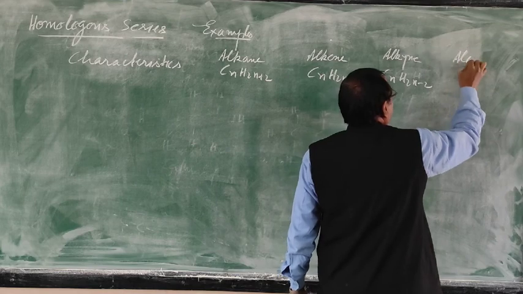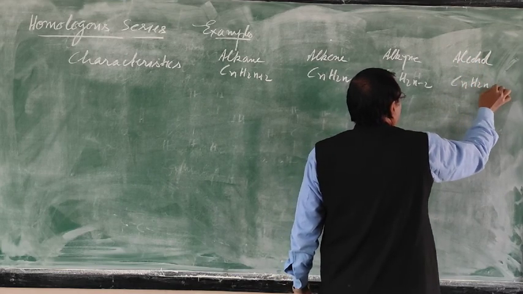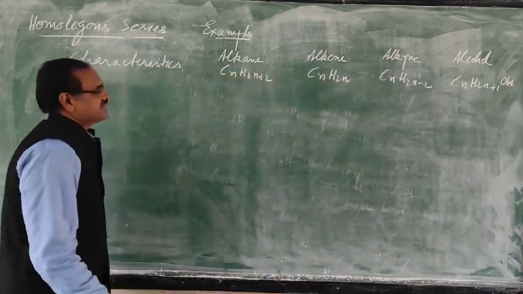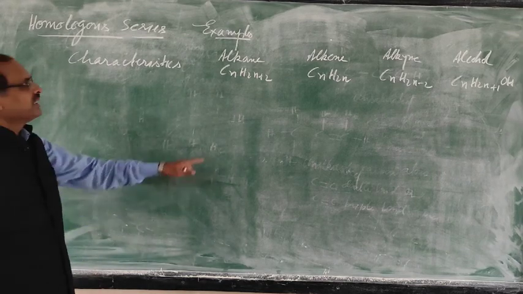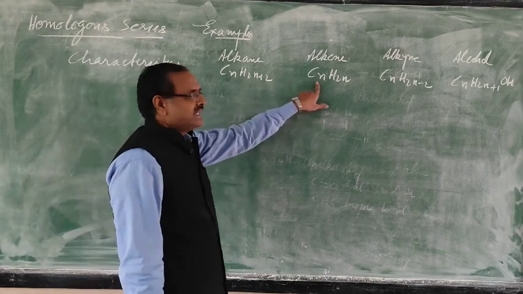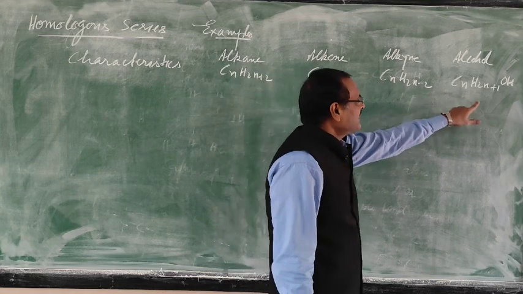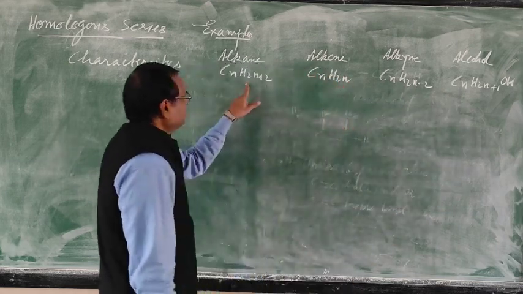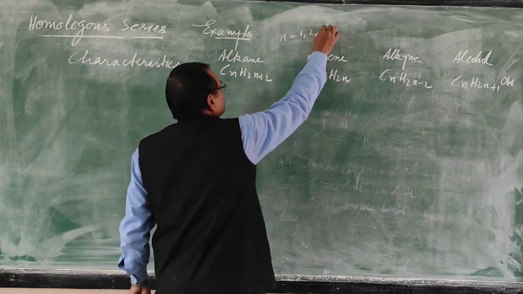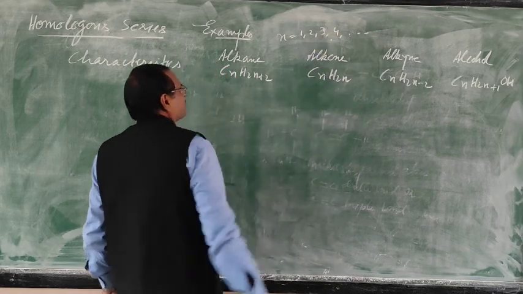And alcohol: CnH2n+1. So these are the examples of the homologous series. What is the n? n is a number. It can be 1, 2, 3, 4, any whole number, but it cannot be 0.